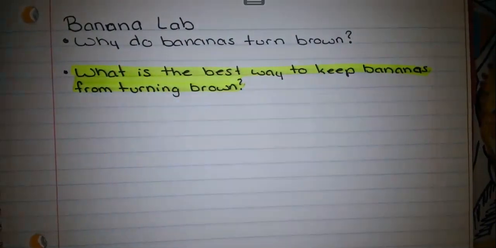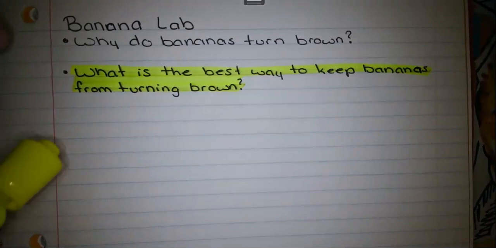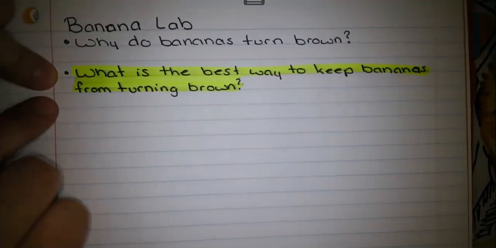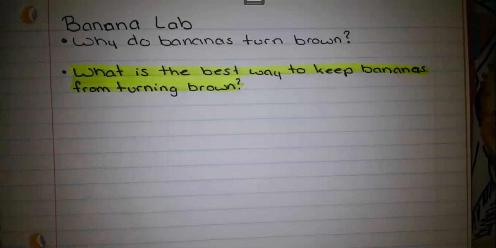But in order to know what is the best way to keep bananas from browning, we have to know why the bananas turn brown. So we're technically going to discuss both of them. Your assignment, if you remember from part 1, is to do research.